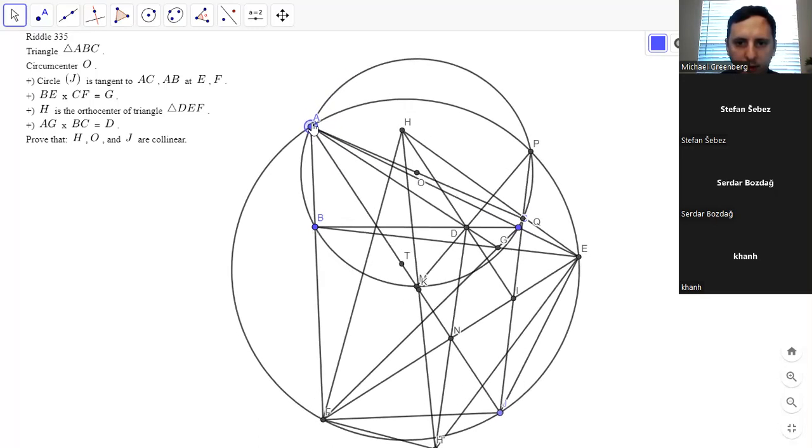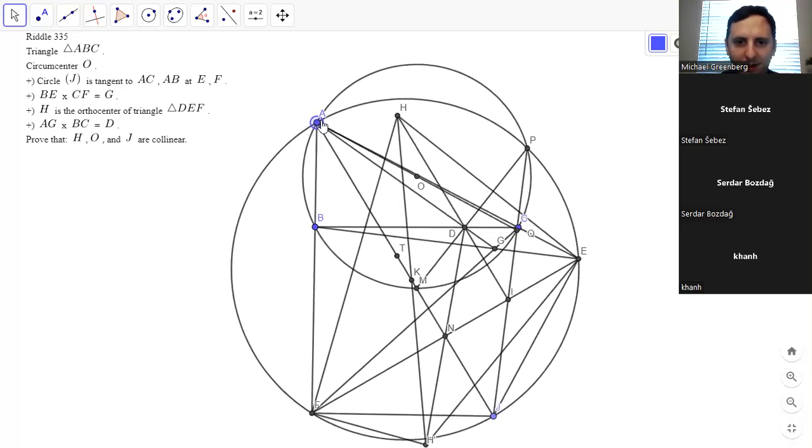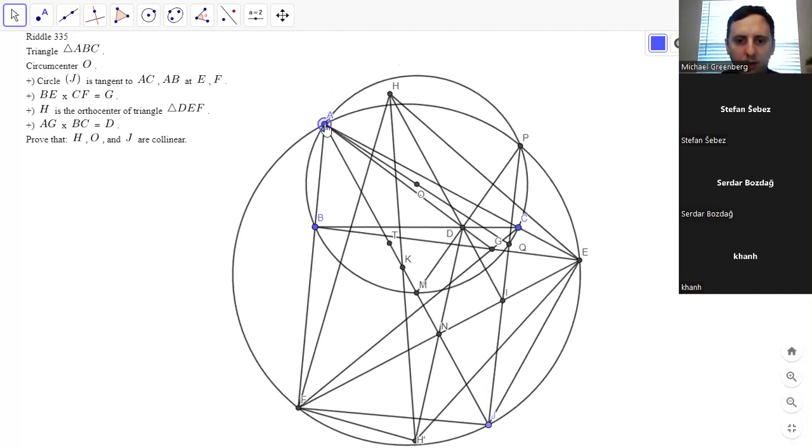Maybe I'll draw a diagram more like... it's driving me crazy. Yeah, I want to use that these are isogonal and these are isogonal, although I don't know if it's that easy.